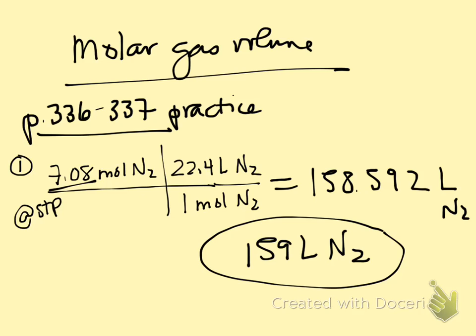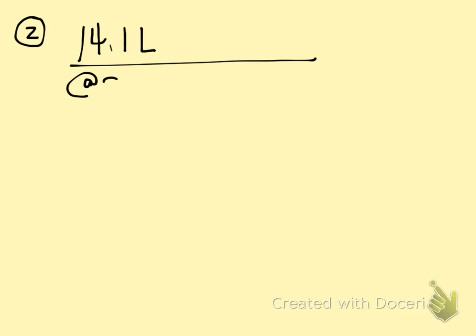So let's look at 1 in reverse, which is number 2 at the top of 337. A sample of hydrogen gas occupies 14.1 liters at STP. How many moles of the gas are present? Well, 14.1 liters. I'm going to make my little note to myself, at STP, and this is hydrogen.